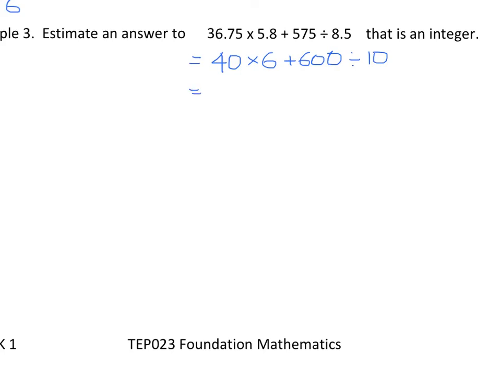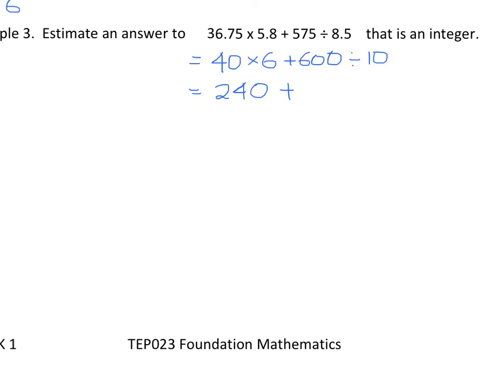40 times 6, remember order of operations, so perform any multiplications or divisions before you perform the addition. 40 times 6, 4 times 6 is 24, add a 0, so 240, plus 600 divided by 10.